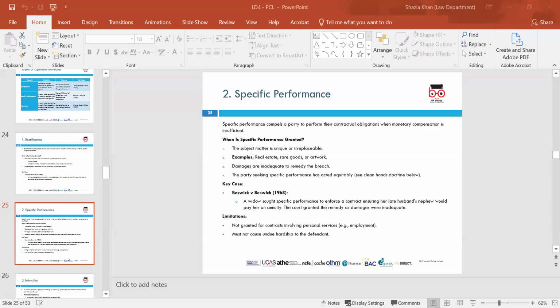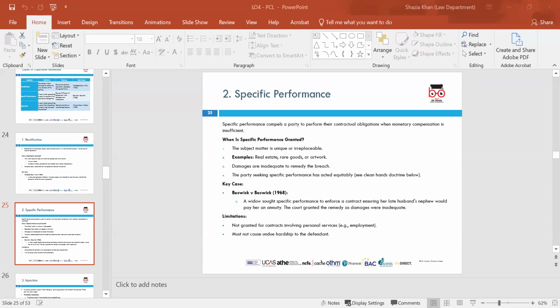Some examples include the sale of unique items such as artwork or real estate property, where the specific item or property cannot be simply purchased elsewhere. The aim of specific performance is a legal remedy to enforce the original terms of the contract by requiring the breaching party to specifically perform or deliver what was promised. Court orders for specific performance are only granted under certain circumstances.